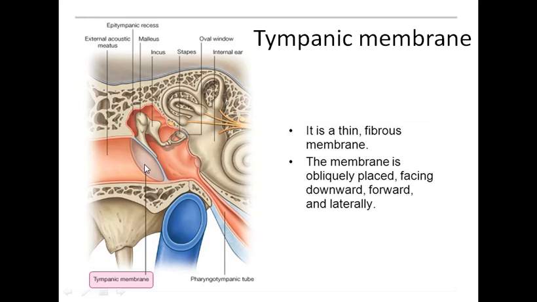This is the tympanic membrane, which is obliquely placed facing downwards, forwards and laterally. ठीक है, this position is very important. It is usually asked in OSPEs, right? So the location will be obliquely placed facing downwards, forwards and laterally. ठीक है.